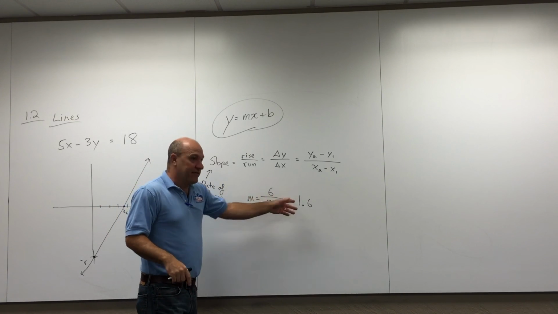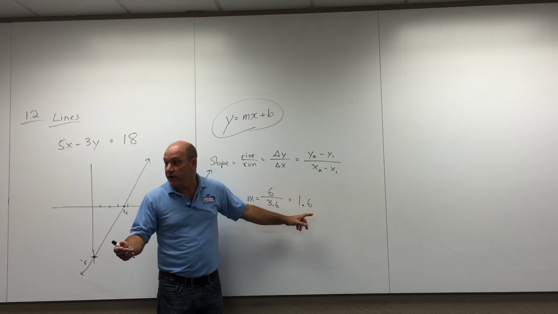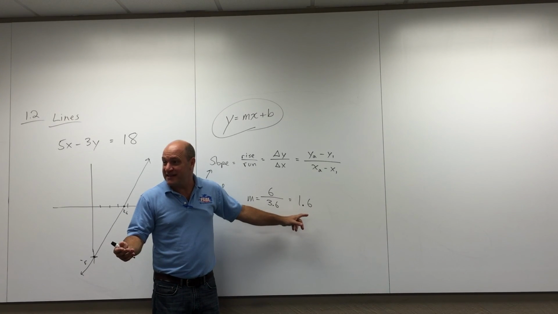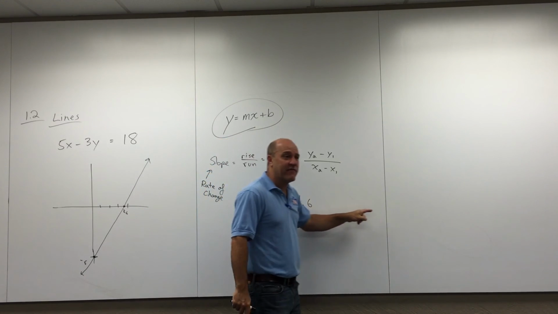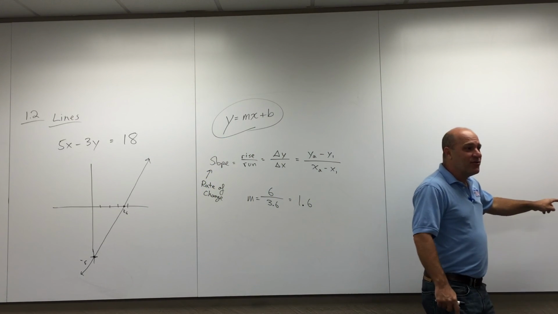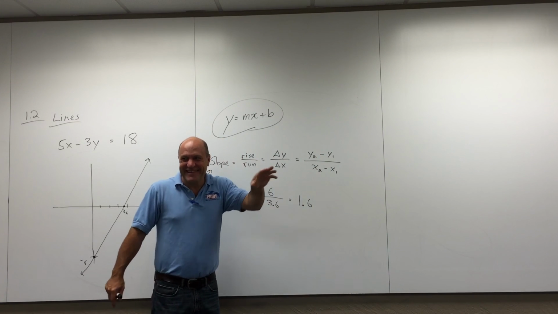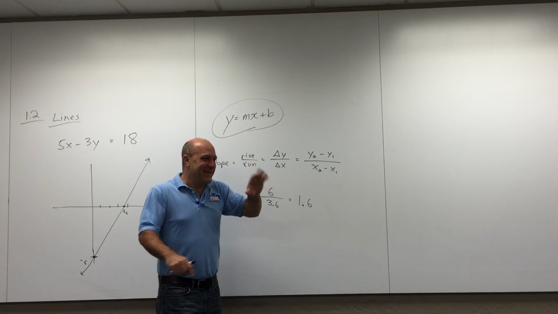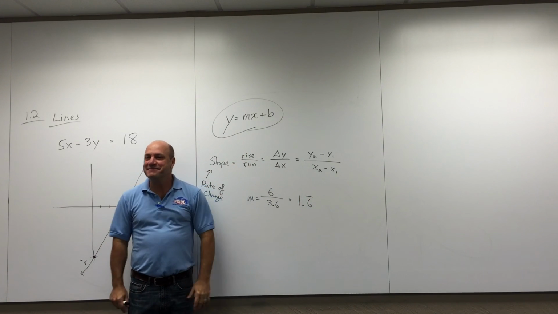So I don't want to round this off and call it 1.7 or 1.67. I kind of want it to be exactly what it says, and that means I've got to write 6 forever. Is that what I've got to do? You've got to write 4 of them. Well, there's more than that. Put a line. Yeah, you put a little line over it. There you go. Now, that's exact.